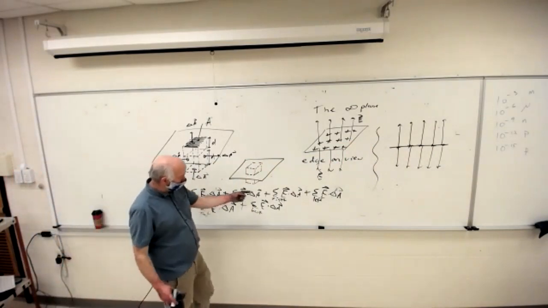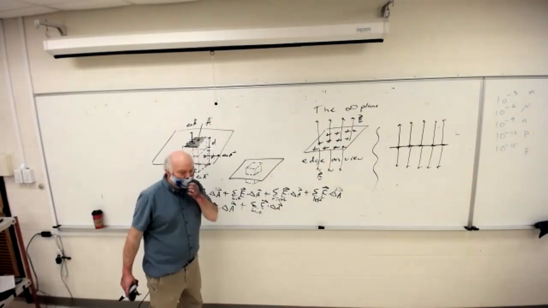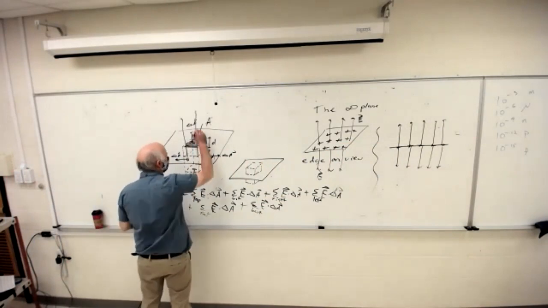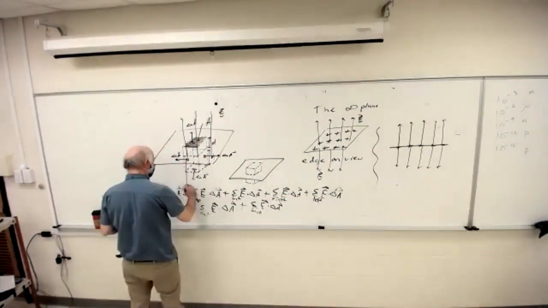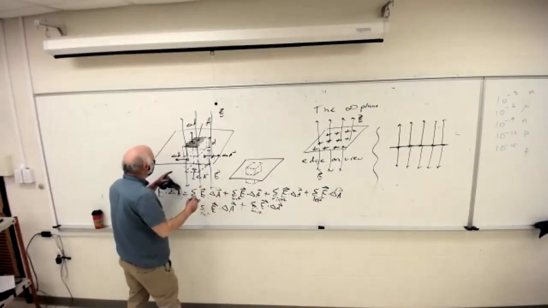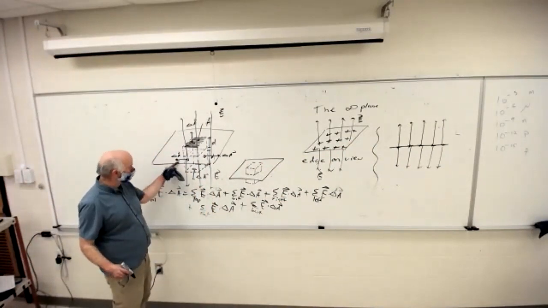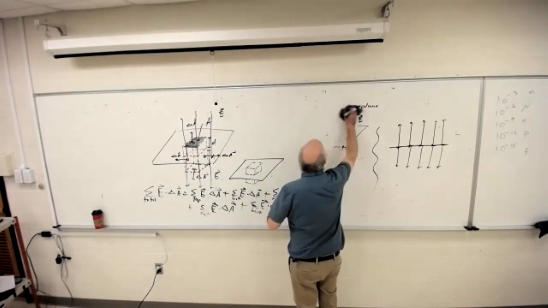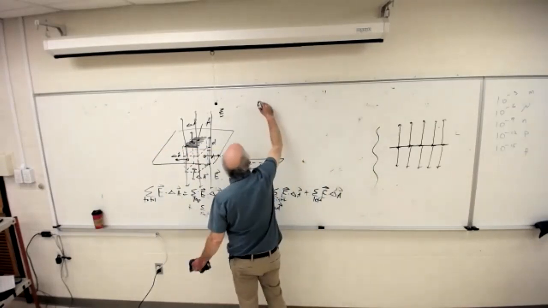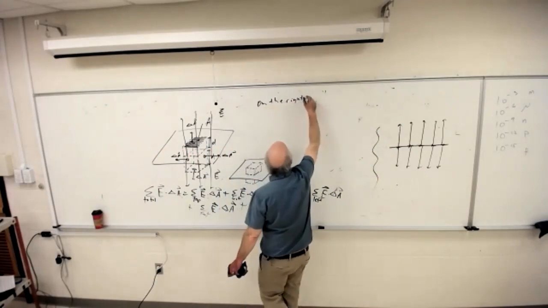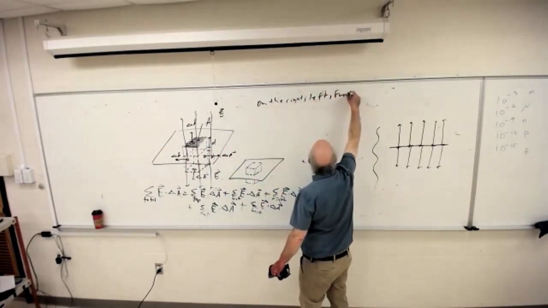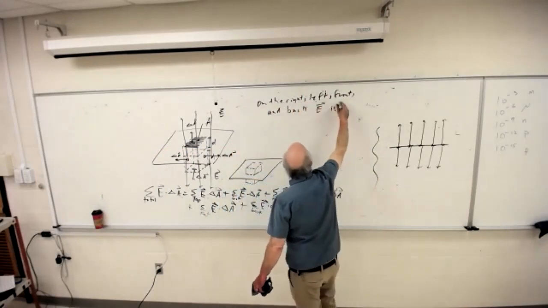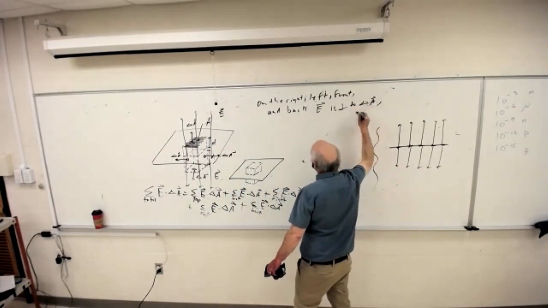Exactly. The right and the left, the front and the back, the electric fields are all perpendicular to the dA. So if I look here, the electric field is going like this. On all the sides, with the exception of the top and the bottom here, the E is perpendicular to dA. So on right, left, front, and back, E is perpendicular to delta A.